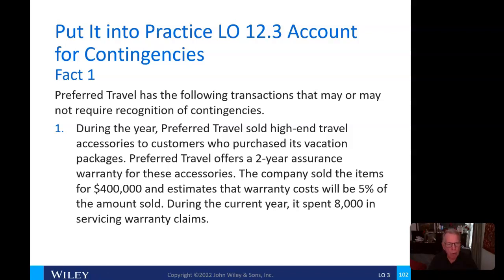Preferred Travel offers a 2-year assurance warranty for these accessories. The company sold the items for $400,000 and estimates that warranty costs will be 5% of the amount sold. During the current year, it spent $8,000 in servicing warranty claims.